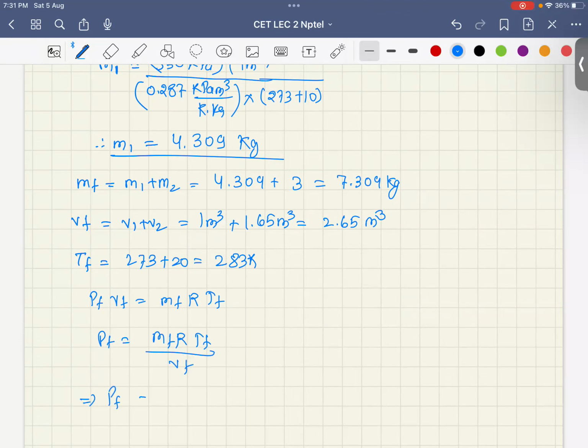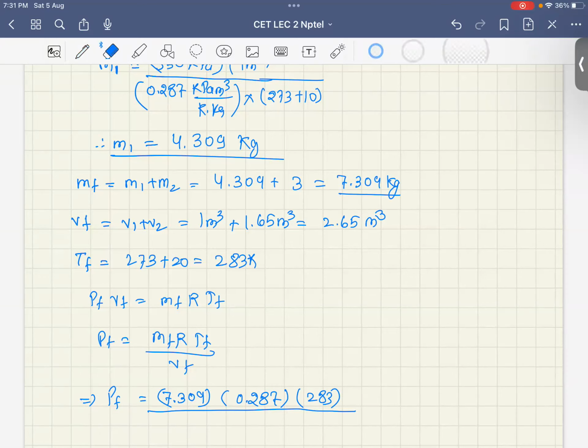So PF is nothing but mF, which is 7.309, multiplied by 0.287, multiplied by TF, 293, divided by 2.65.